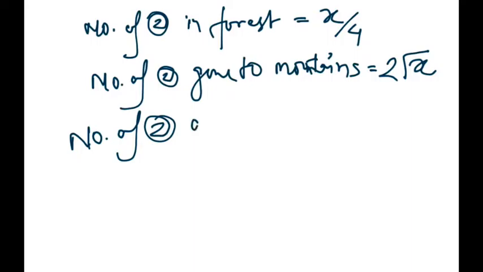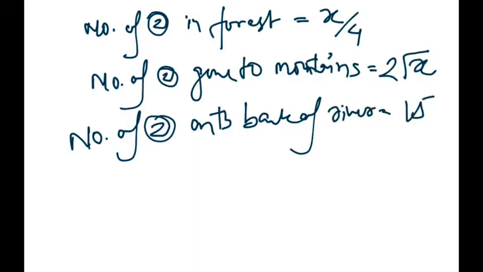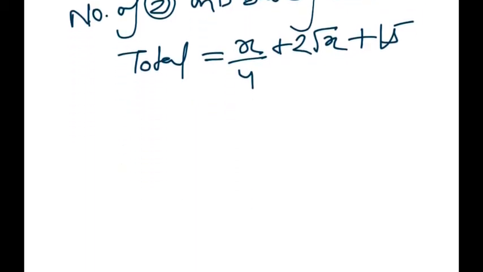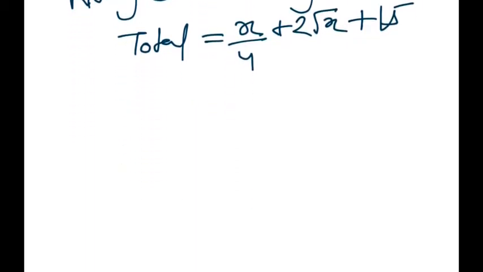Zombies on the bank of the river equals 15. So the total is nothing but x by 4 plus 2 root x plus 15, right?